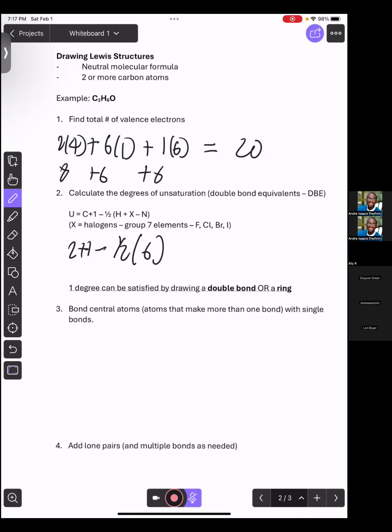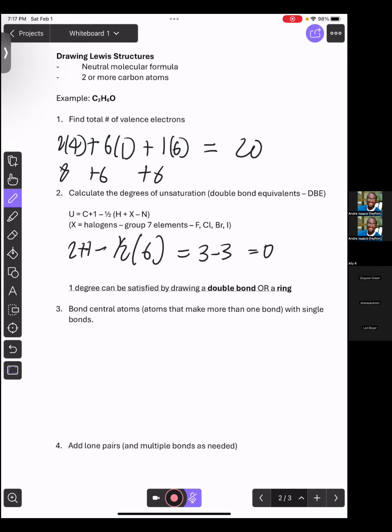Now, let's calculate this. What is this telling us? This is 3 minus 3, which equals 0. This is very helpful because what 0 means is, when I draw my atoms connected to each other, there are no double bonds present in this molecule.